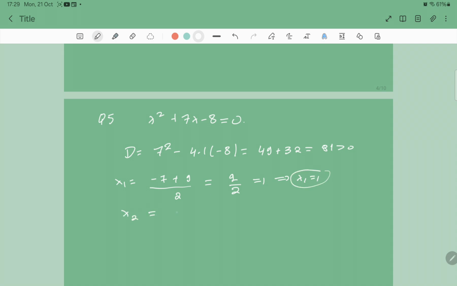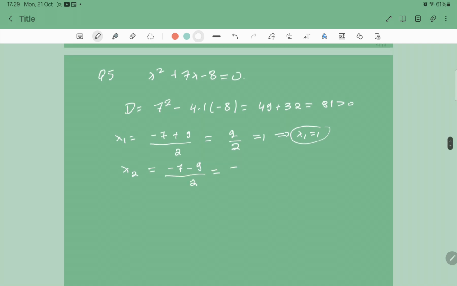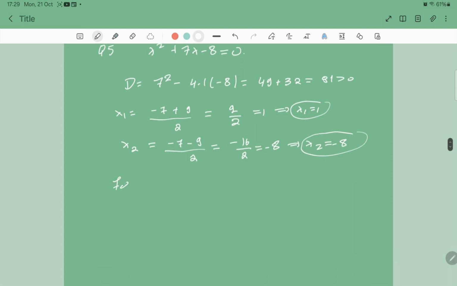And x2 equals minus 7 minus 9 divided by 2. The numerator is minus 16 over 2, which is minus 8. So x2 equals minus 8. Factorization. x squared plus 7x minus 8 equals 1 times x minus 1 times x minus minus 8, which becomes a plus 8.